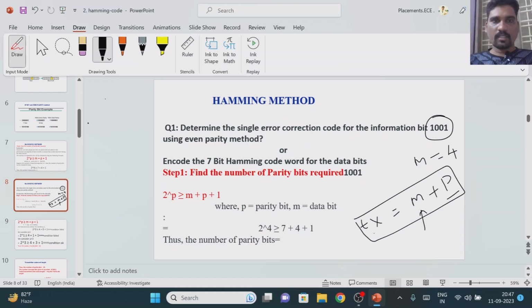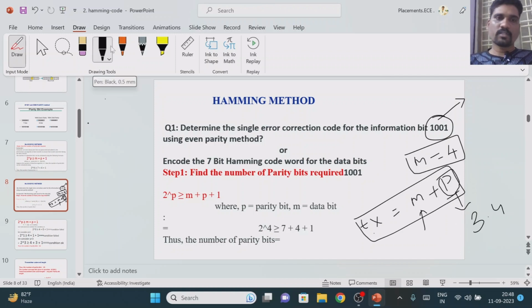The first step we have to do is identify how many parity bits are required, nothing but how many extra bits are to be added for the question, right? One more important point to remember: in this question the length of the message bit is 4. Depending upon the length of the message bit, you may get a parity bit value of 3 or 4 or something.